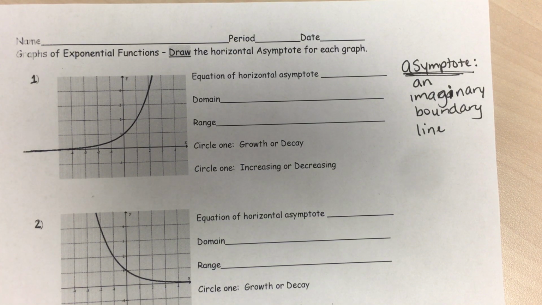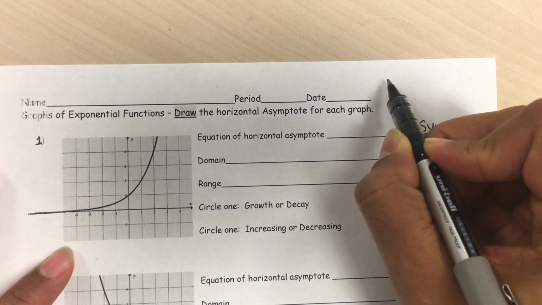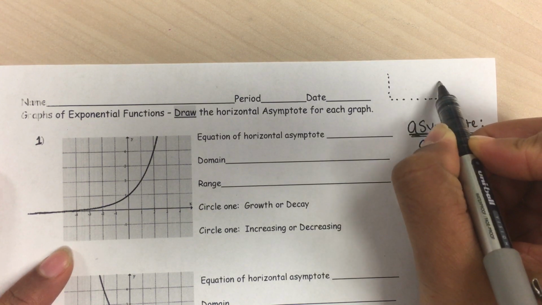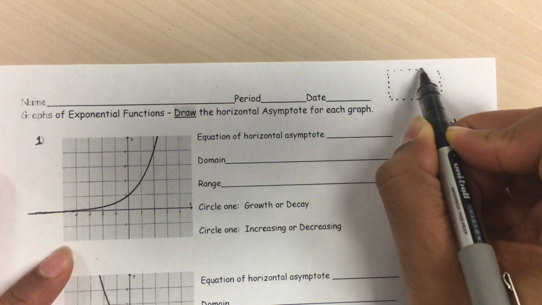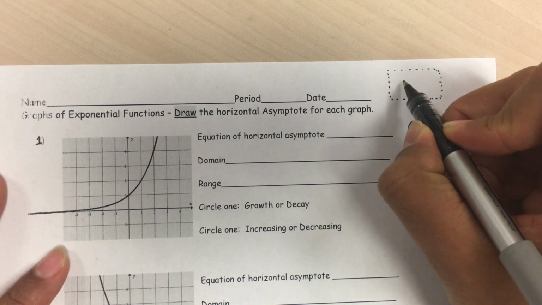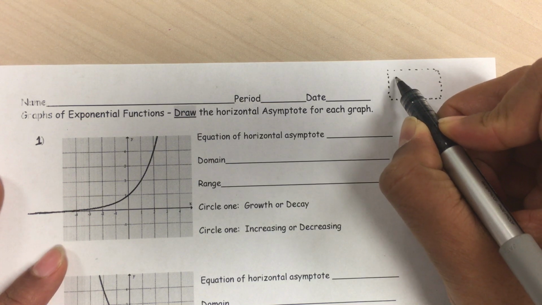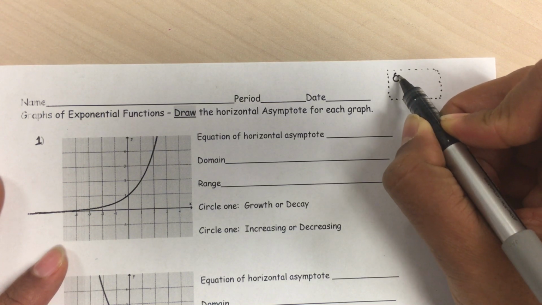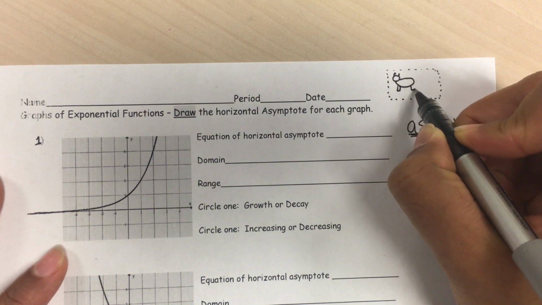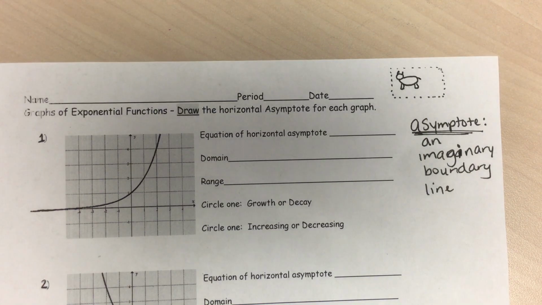What is an asymptote? Well, imagine you have an electric fence. You've got tons and tons of acres. You've got an electric fence around part of that. And you've got cows.